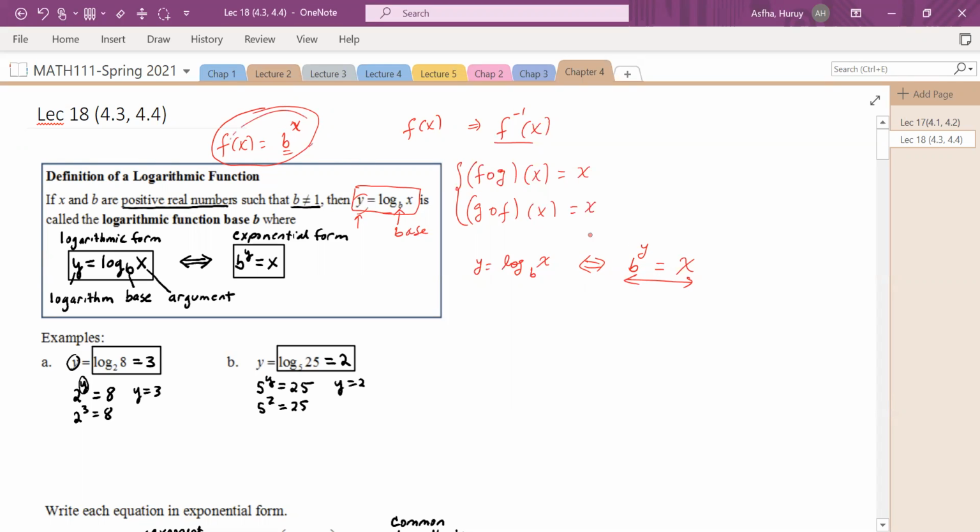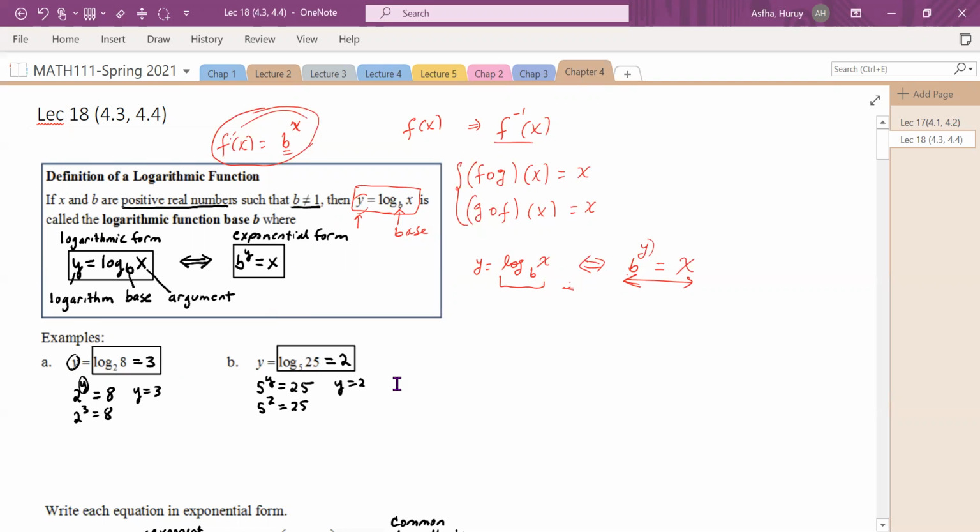As you can see, here y is a variable and b is a constant, so we have an exponential form, and this is a logarithmic form. So whenever we have a logarithmic form, we can always rewrite it into exponential form, or if we have exponential form, we can rewrite it into logarithmic form.